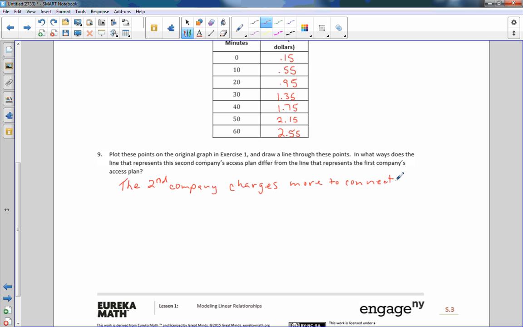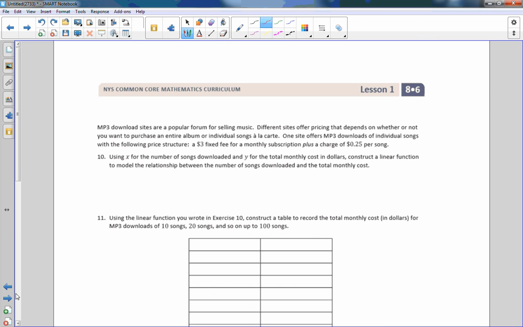Okay, the y-intercept was higher, and the second company charges more per minute for service. Okay, next page.